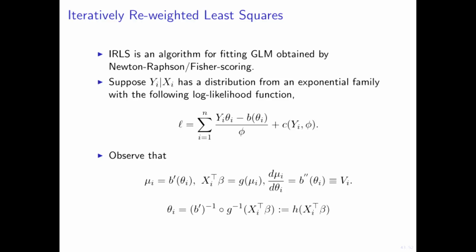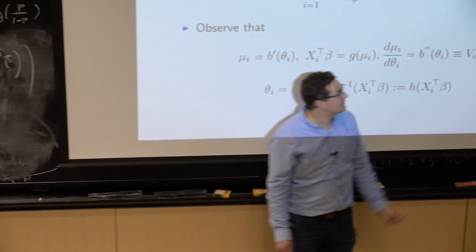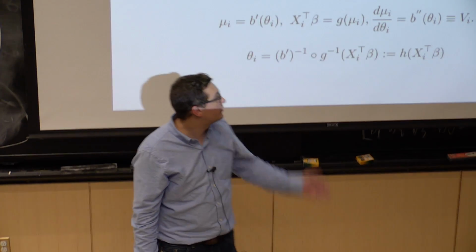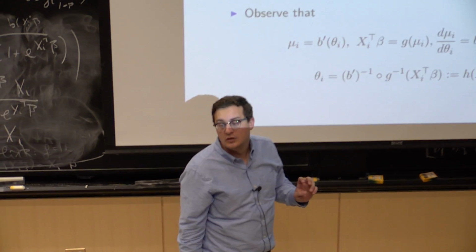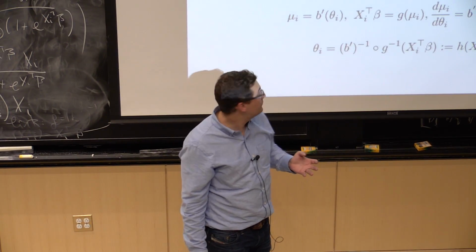The second one is that if I take g of mu_i, I get this systematic component, x_i transpose beta, that's modeling. Now if I look at the derivative of mu_i with respect to theta_i, this is the derivative of b prime of theta_i with respect to theta_i, so that's the second derivative. And if I'm going to call it v_i, if phi is equal to 1, this is actually the variance.